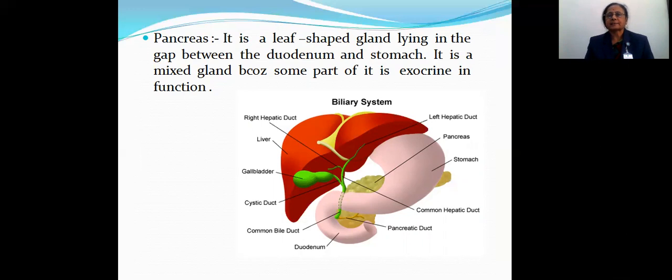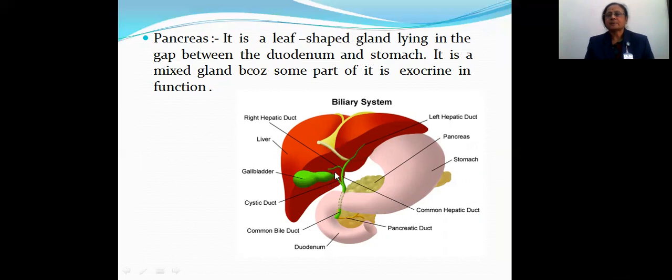In this diagram, see here, this is the liver, this is the gallbladder. The secretion of this liver is bile, and this bile is temporarily stored in this organ known as the gallbladder.